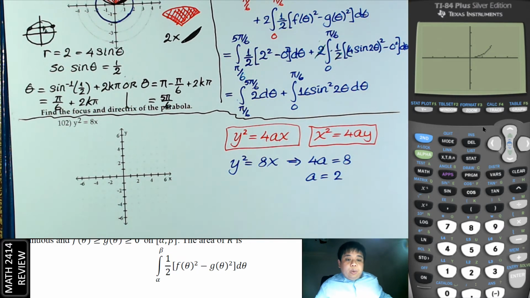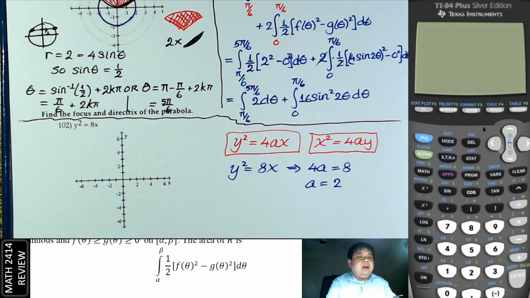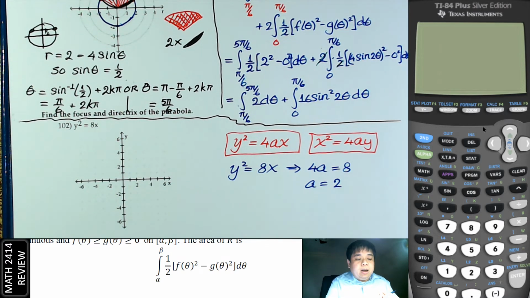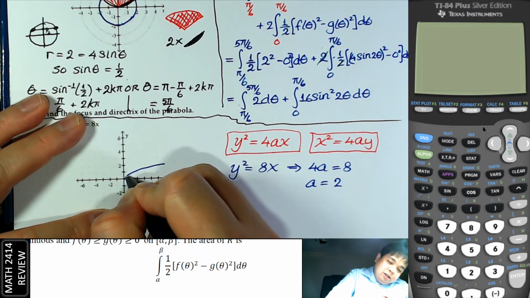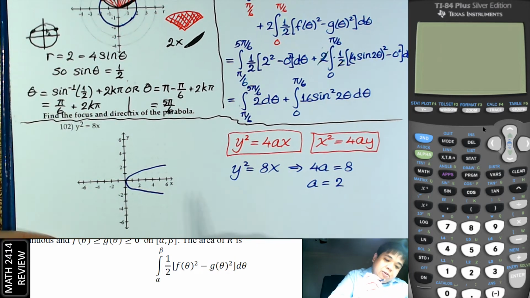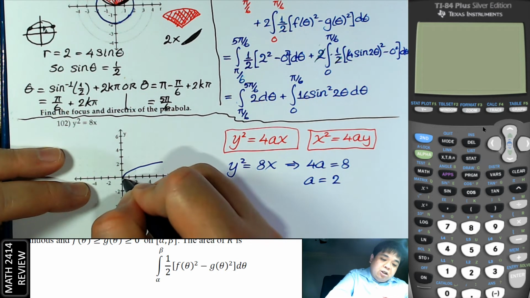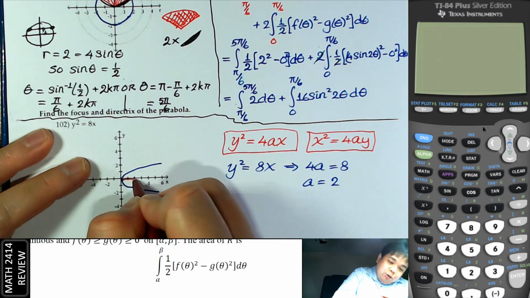So what does a = 2 tell us? Well, the parabola here, y squared equal to 8x, has y squared, so it will open left or right. It is positive, so we open to the right. And then the 2 is the distance from the vertex to the focus. So we go 2 units here.